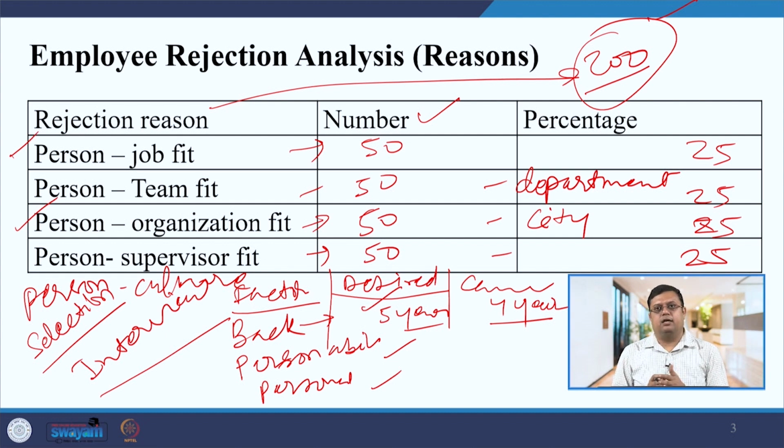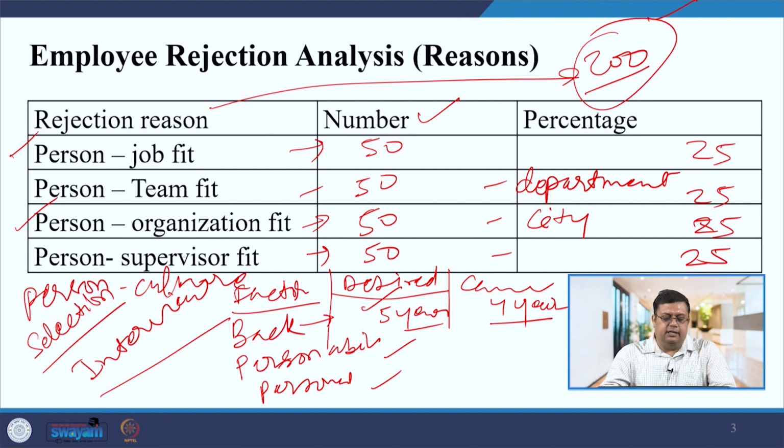If people are coming and increasing the number of applications but they are not suitable for the organization, you can invest less time and money in that particular source. And from wherever more suitable, good candidates are coming, you can focus on that.